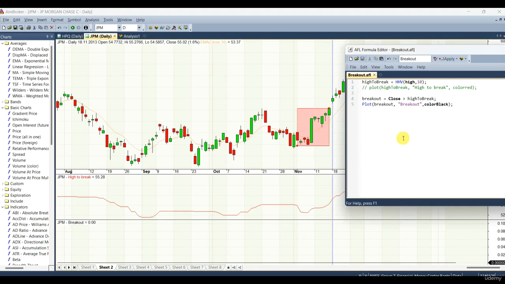So what I am asking is, is the close of the current bar, which is this one, higher than the highest high of last 10 bars, including this one? It cannot be true, because the close will always be at most equal to the highest high. And that applies to all bars in the chart.